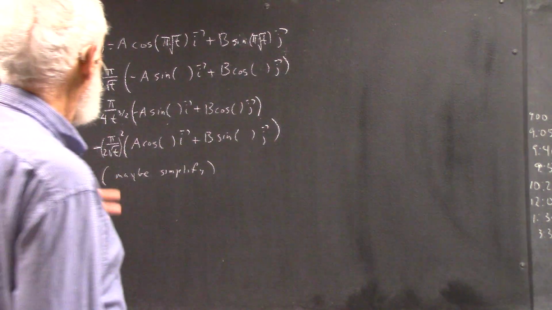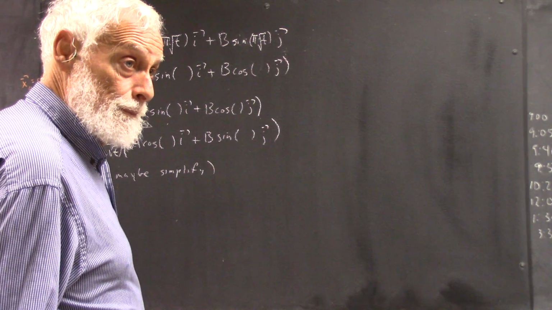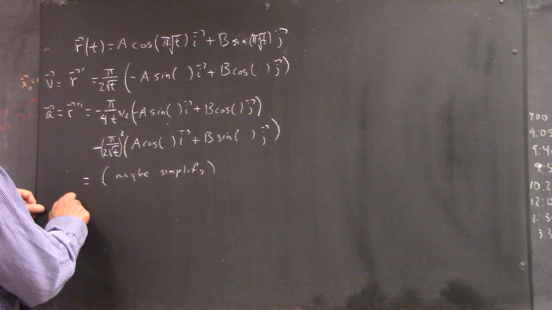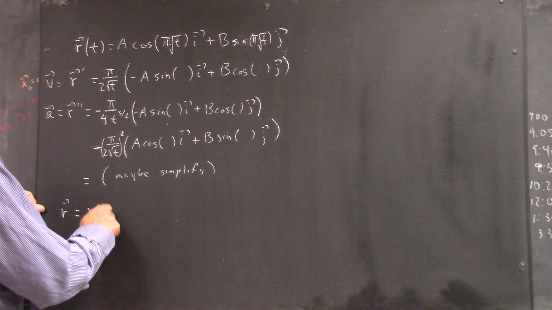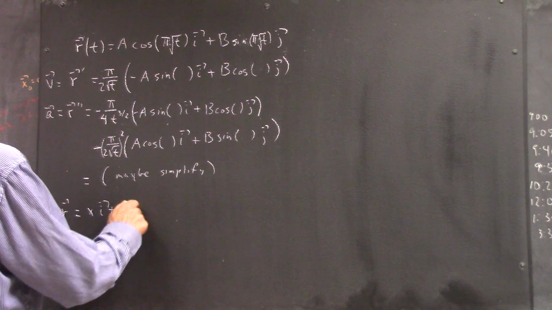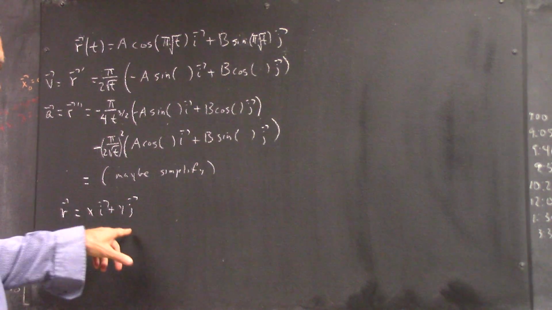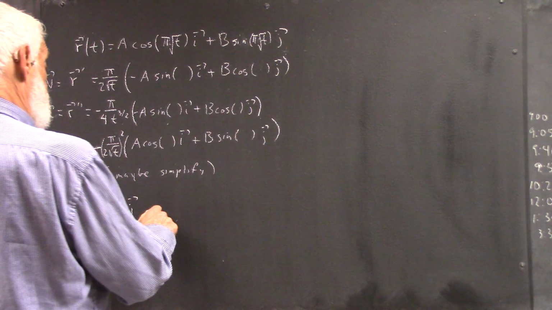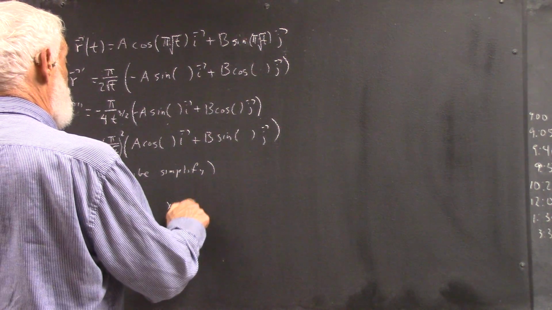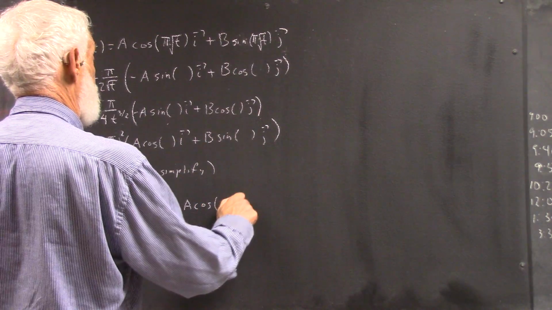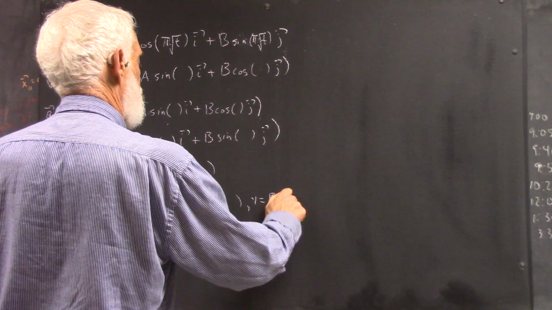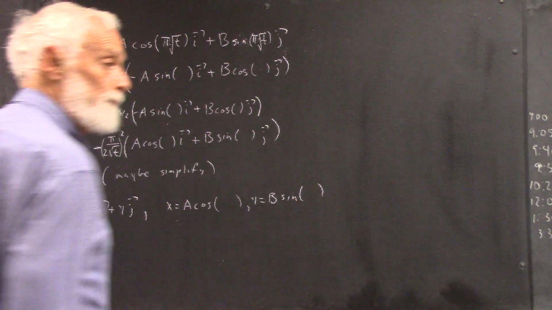Okay, well, first of all, this is an ellipse, okay? r is of the form x times i plus y times j, with x equal a times the cosine of this thing, and y equals b times the sine, right?